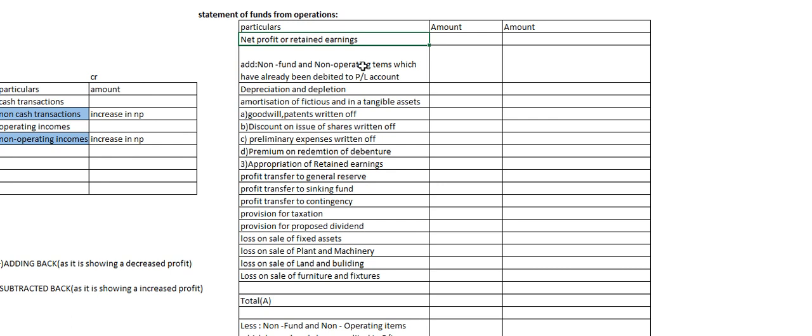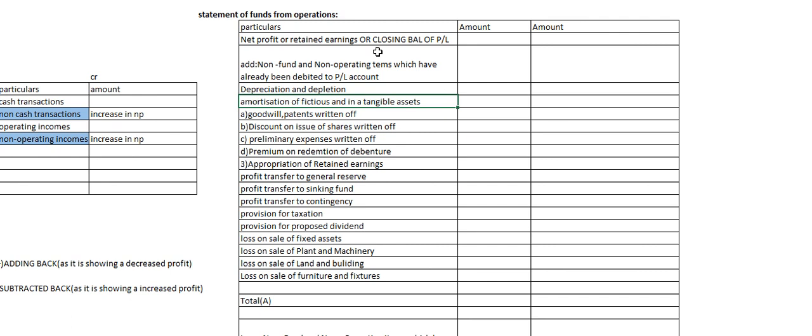Sometimes in the question they will give the opening and closing balance of profit and loss account or profit and loss appropriation account. So if they give like that, you will start with closing balance. You will start with closing balance of profit and loss account. So you can either start with net profit or retained earnings or closing balance of profit and loss account as per the question.